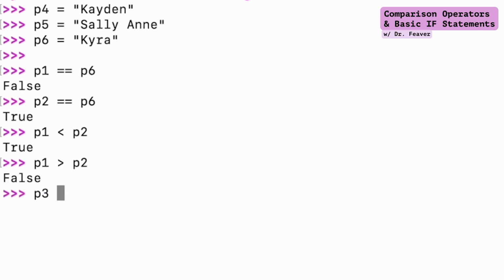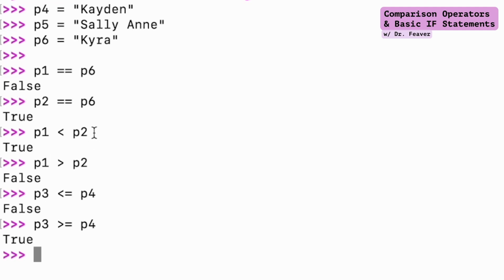P3 less than or equal to P4. And P3 greater than or equal to P4. So I'm comparing strings, and it's telling me that certain things are less than or greater than other strings. And it's actually useful when we understand how this works.